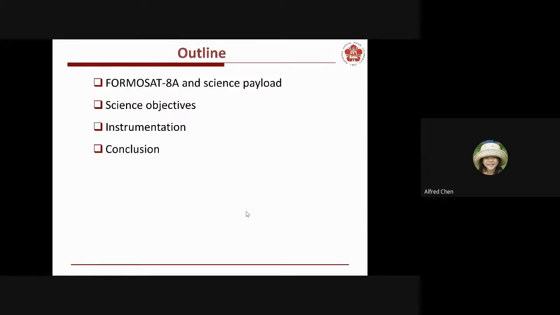The Formosa A and the science payload will be briefly introduced in the first section, and I will spend more time on the science objectives, then give some introduction about the instrumentation, and then a conclusion.